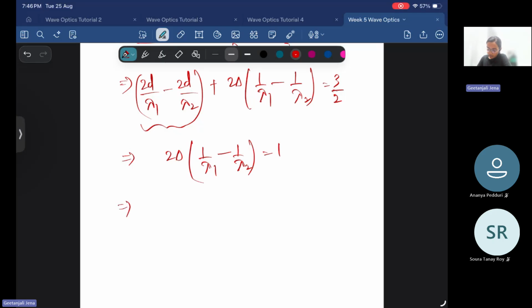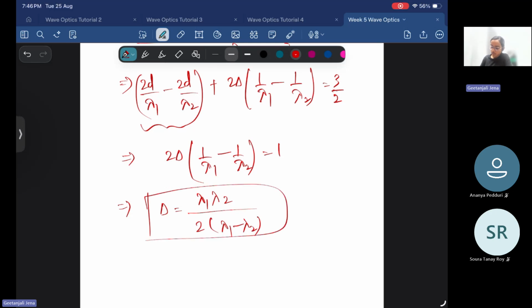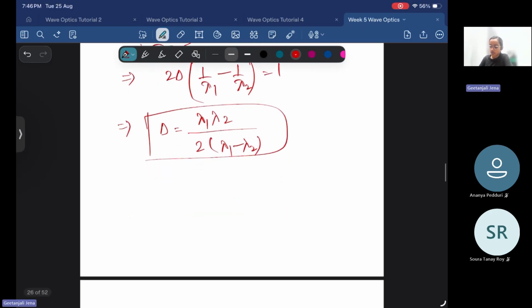So lambda 1 and lambda 2 are given, so we can easily calculate the value of delta d that we wanted to find out. So this is the final expression in terms of lambda 1 and lambda 2. Lambda 1, lambda 2 are given. We just need to put the values.